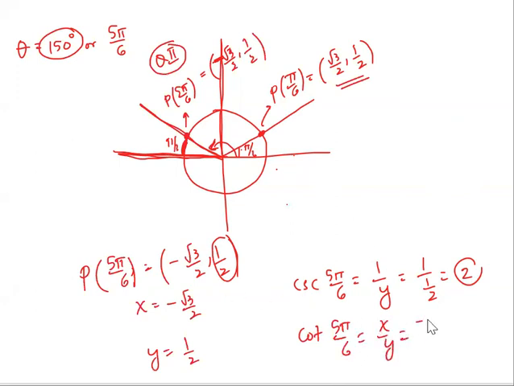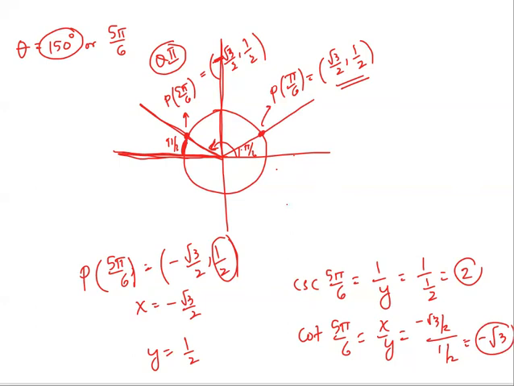So that's going to be negative square root of 3 over 2 over 1 half, which simplifies into negative square root of 3. So if our terminal points belong to quadrants 2, 3, and 4, we need to get the reference angles first before we can get the terminal points.